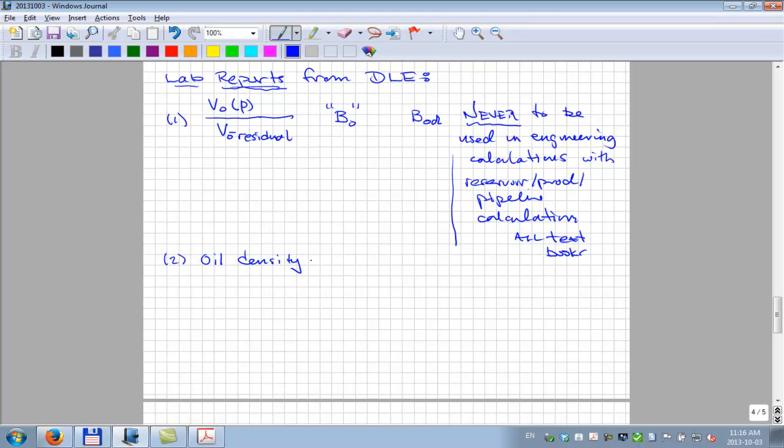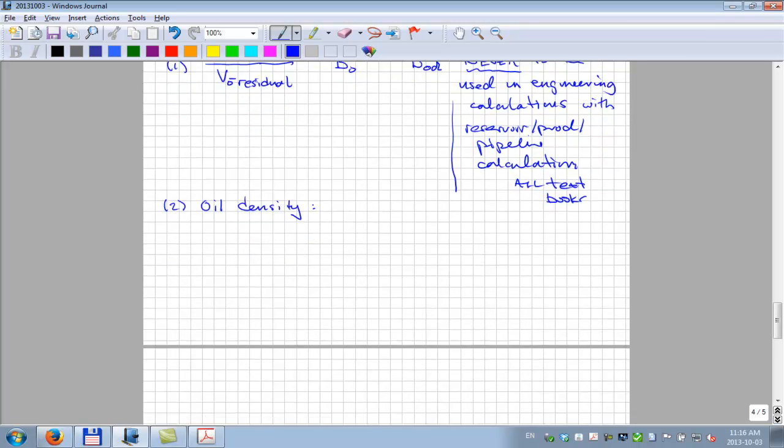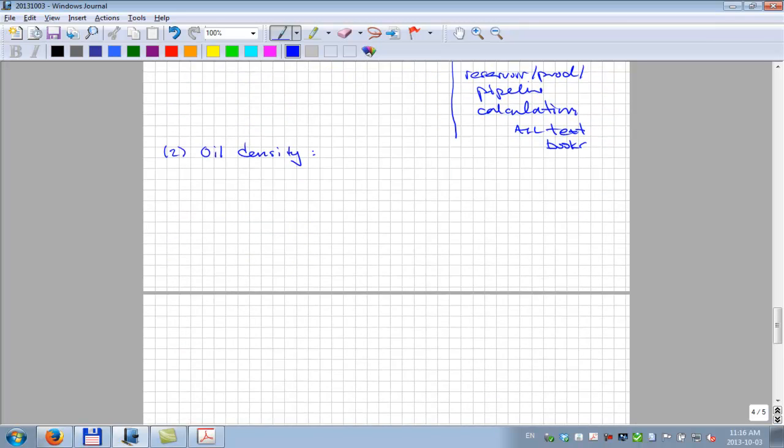is reported. But this oil density is not measured directly, okay? It's calculated by what I would call a kind of material balance.